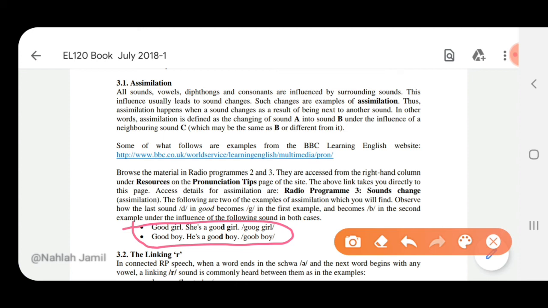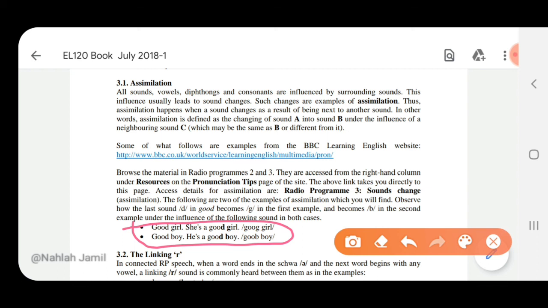And if we pronounce girl, we pronounce girl as it is. The R is not pronounced in girl. So good alone is good, and girl by itself is girl. But when both of them come beside each other, the first word, good, is affected by the second word, girl.